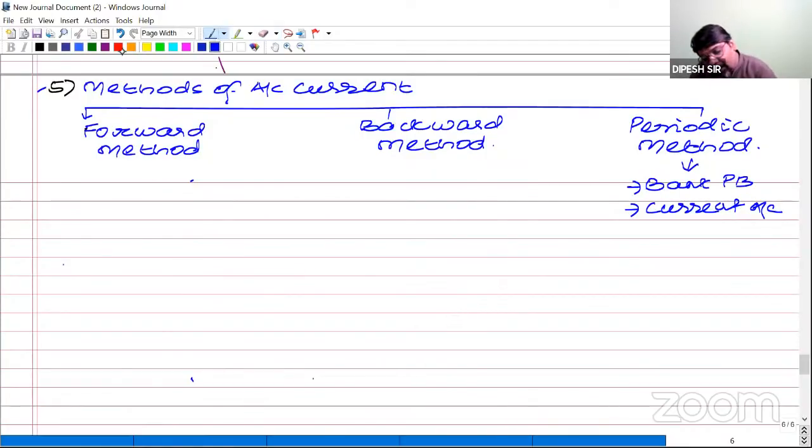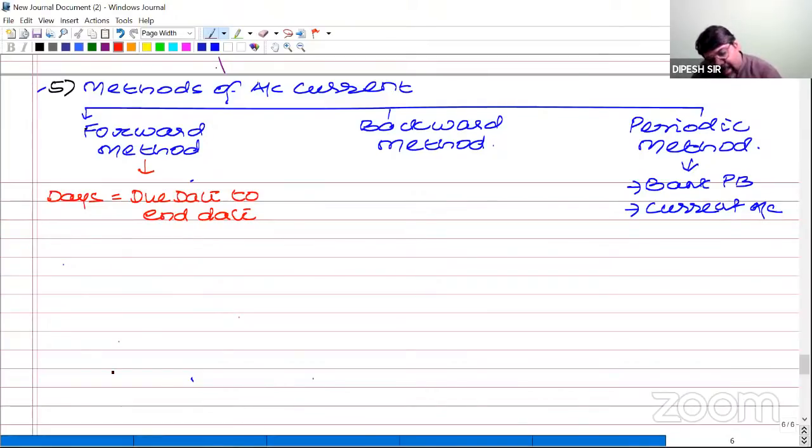So in case of forward method, days is equal to due date to year end. You can call it year end, period end, statement end, any date. Basically, it is end date. Now, due date to end date.